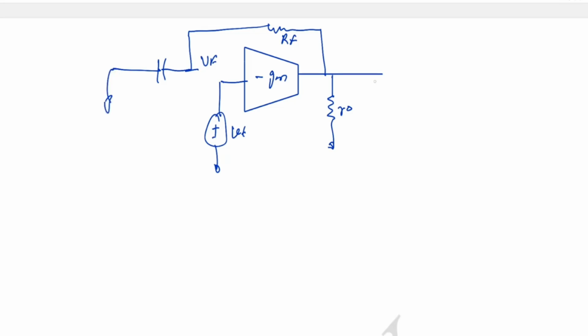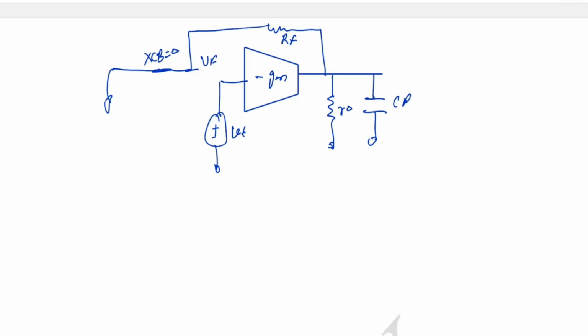So this is our loop gain model. Now we know that Cb will be short circuited, so Cb will be infinite, you can say our XCb equals 0.